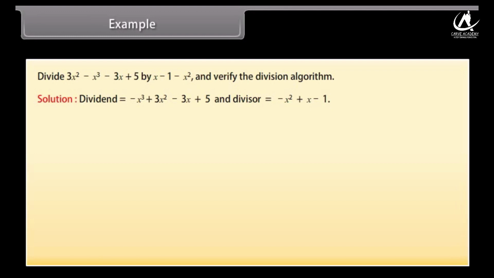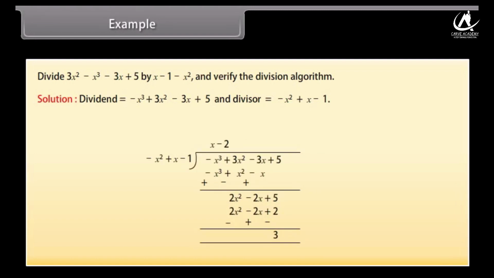The dividend is minus x cubed plus 3x squared minus 3x plus 5 and the divisor is equal to minus x squared plus x minus 1. By dividing we get quotient is equal to x minus 2 and remainder is equal to 3.